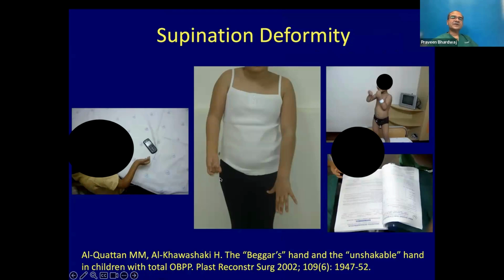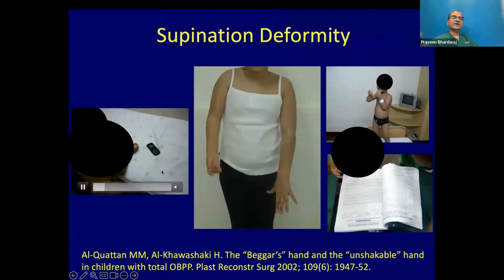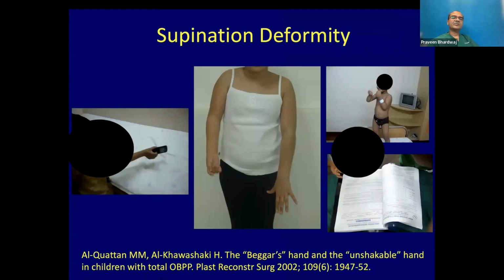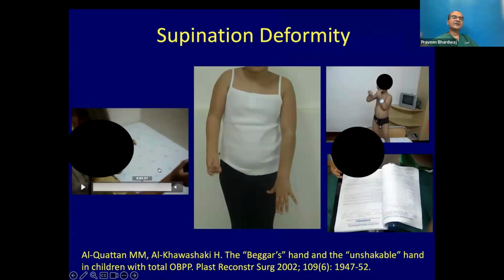It is also functionally a very bad position because a person would have great difficulty in picking up objects from the tabletop. All the tabletop activities require pronation, which these patients are not able to do, and hence they will be quite disabled. Though normally people can compensate at the shoulder for lack of pronation, these children who have also shoulder involvement are not able to compensate.